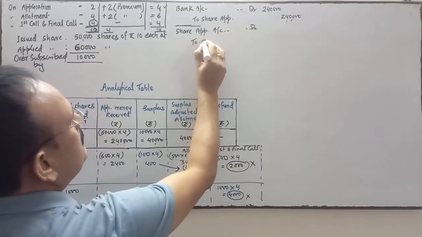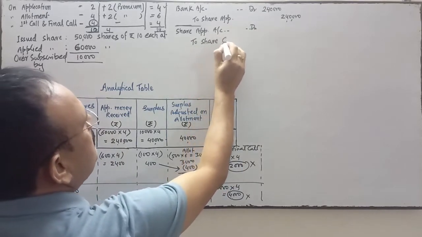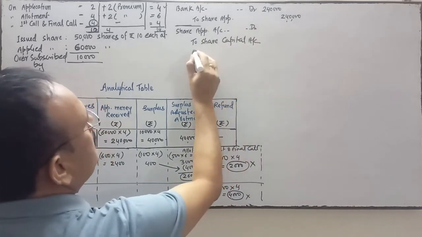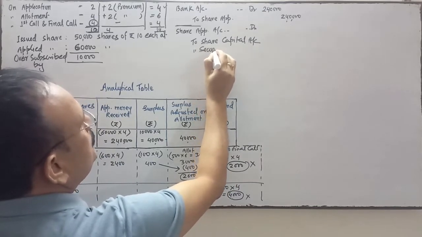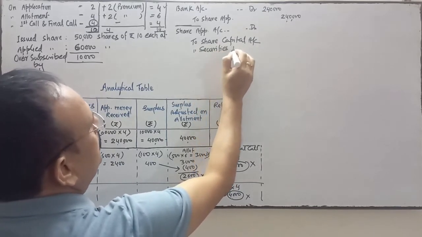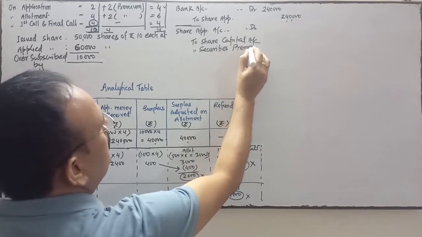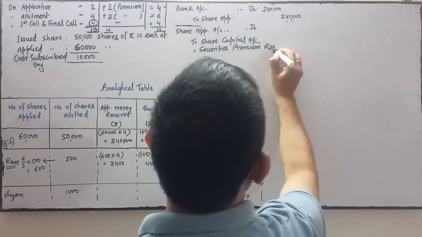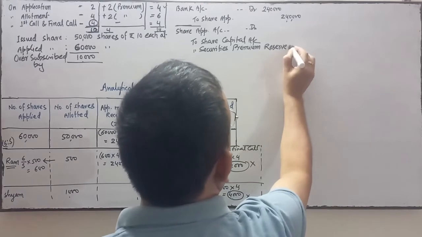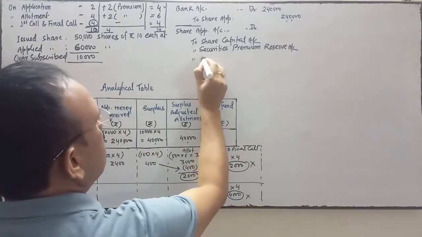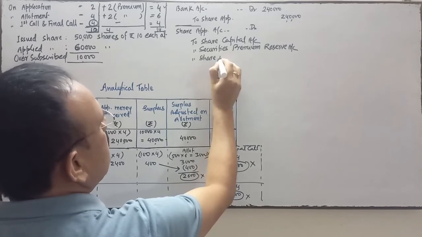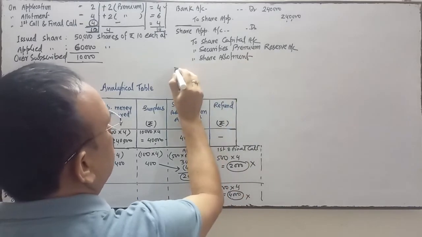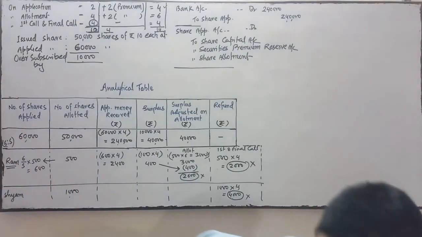Application to share capital account, to securities premium reserve account, to share allotment. Some money is adjusted on allotment as well. We have to do this entry.